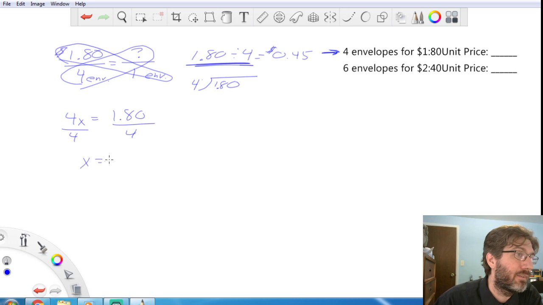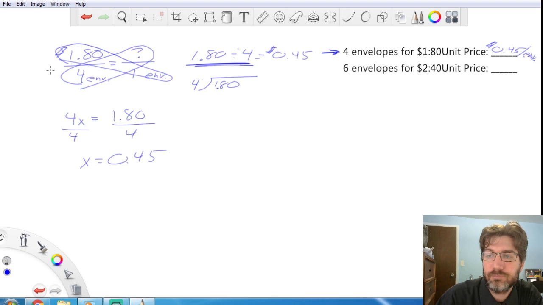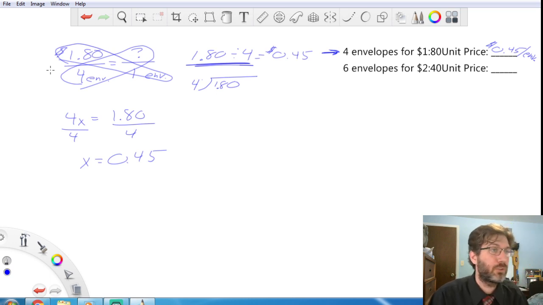And x is going to equal 0.45. So our unit price is $0.45 per envelope for that one. Yeah, it's just a division problem. That's all you're doing for unit price is division. So I'll explain it with the next one anyway.